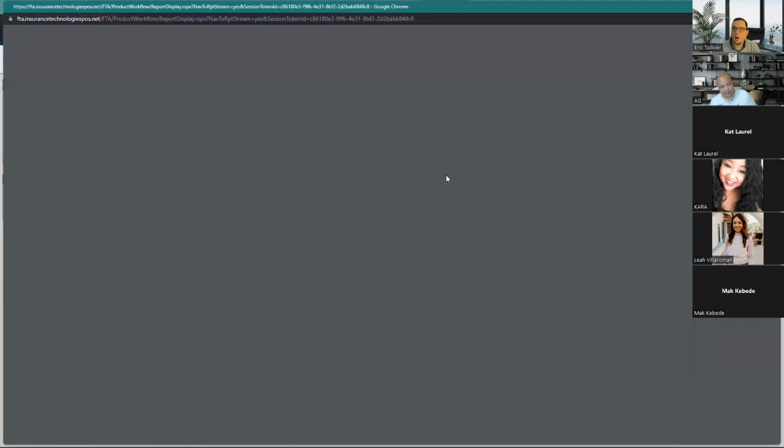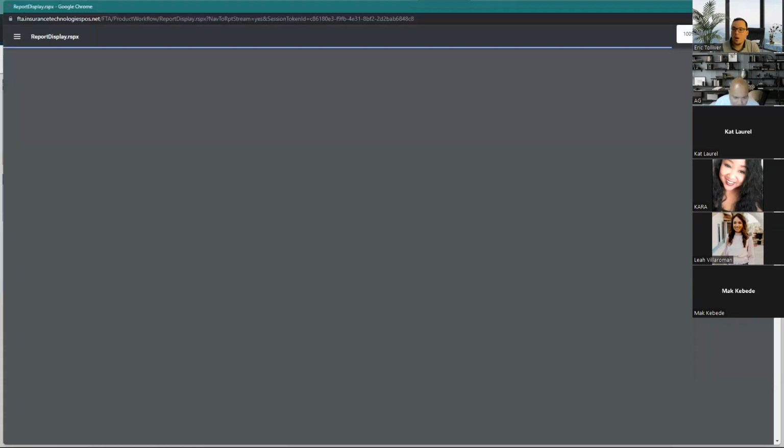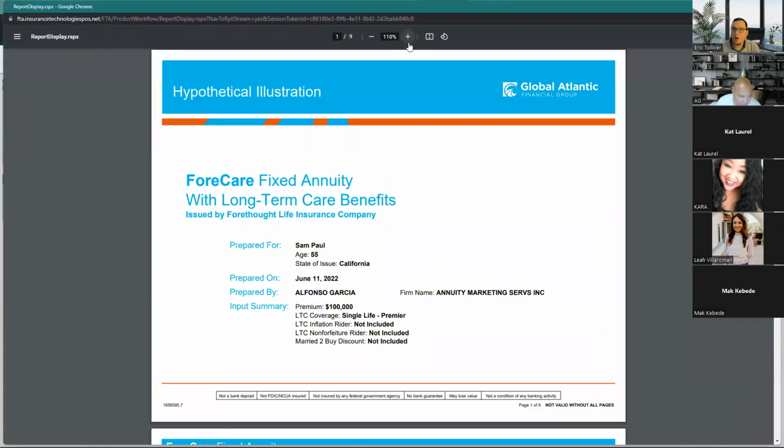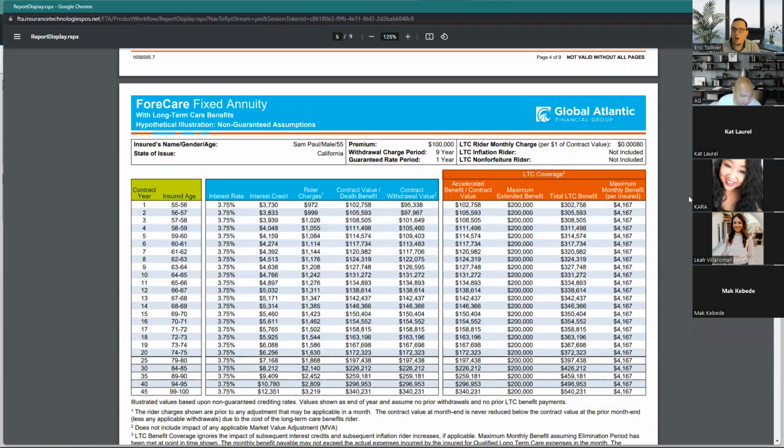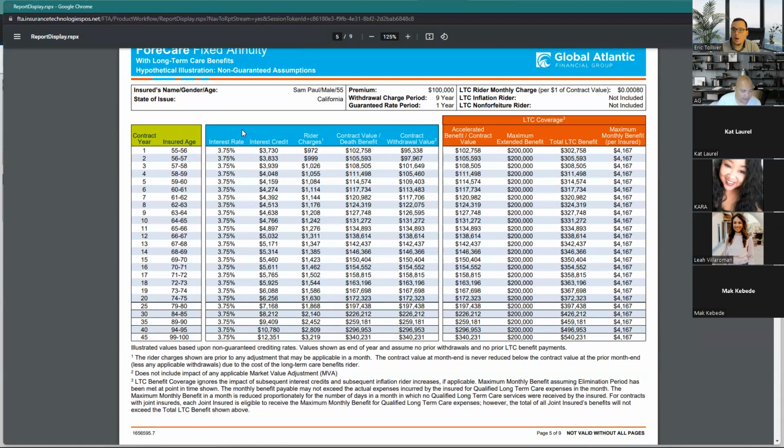Well, this 4-care has what we call a long-term care rider. So even though he's gonna get a fixed interest rate of 0.75, there is a rider charge of about 1%. So he'll net about 2.75 on his contract value.